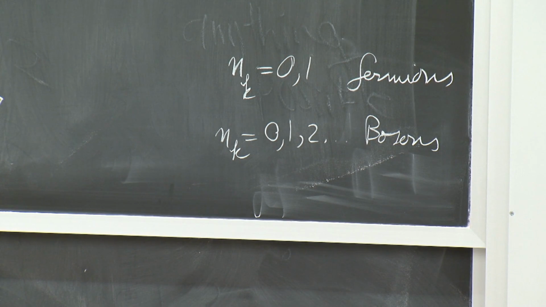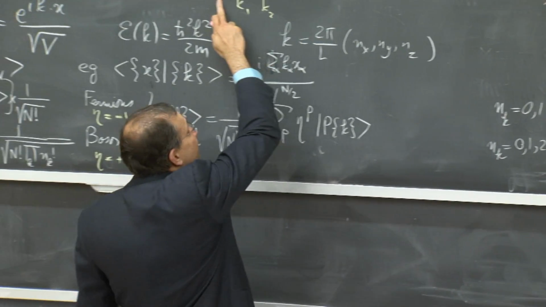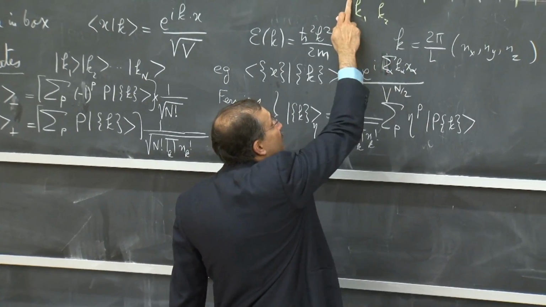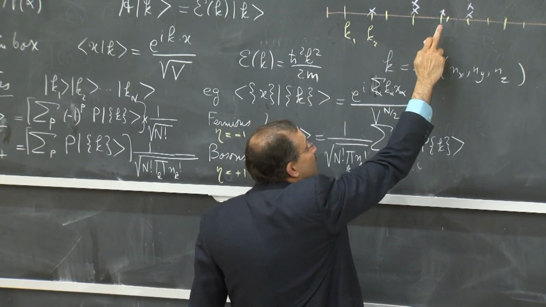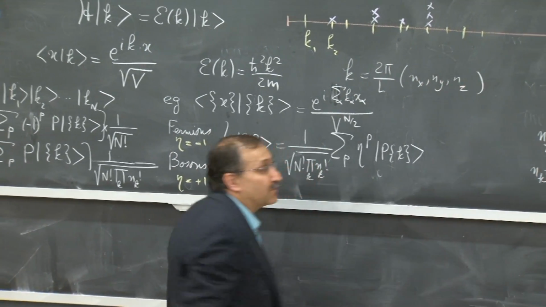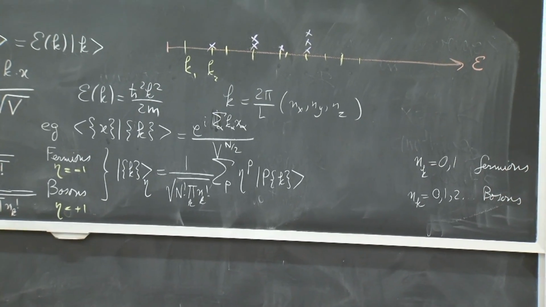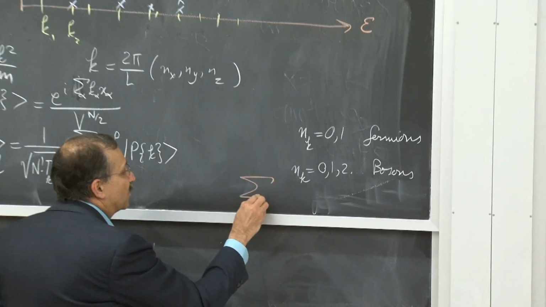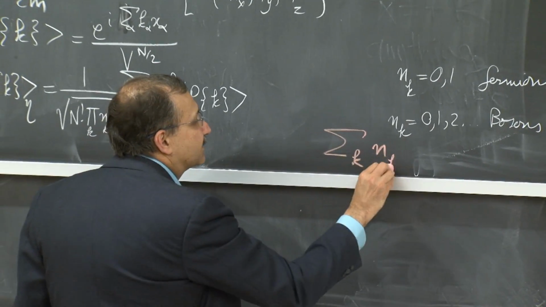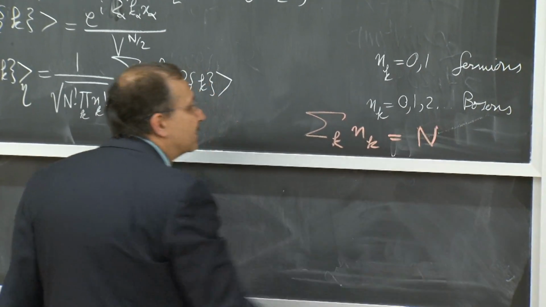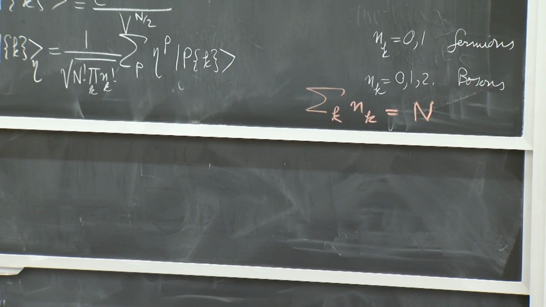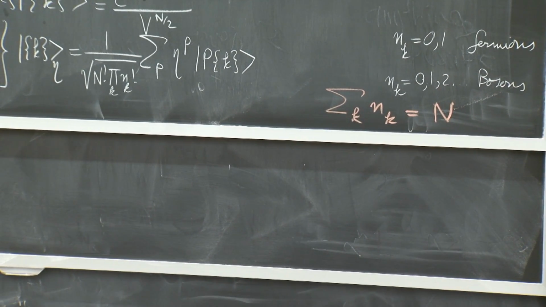Except, of course, that in this perspective, as I go along this k-axis, I have 0, 1, 0, 2, 1, 3, 0, 0 for the occupations. Of course, what I need to construct, whether I'm dealing with bosons or fermions, is that the sum over k of n_k is the total number of particles that I have. Okay?